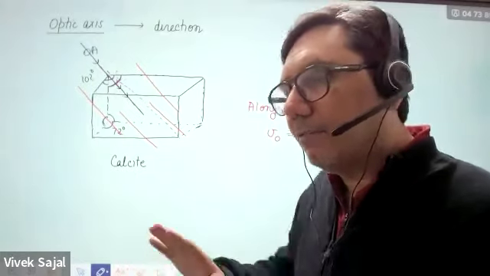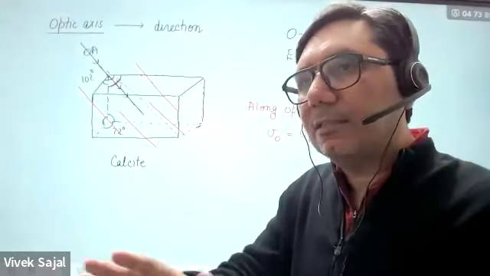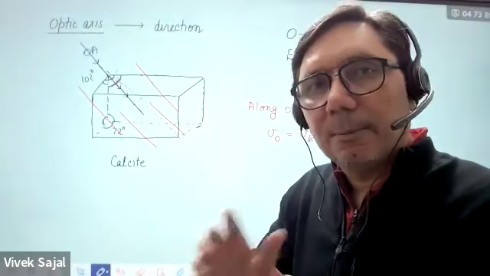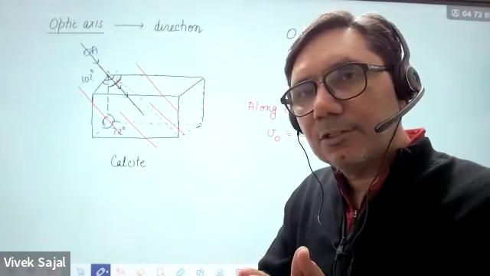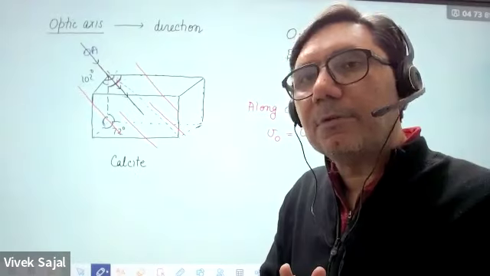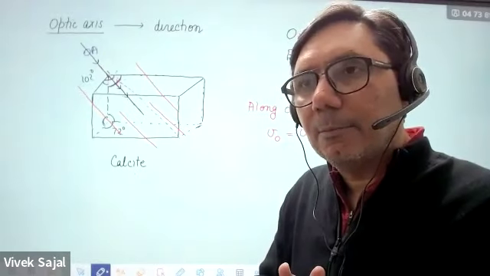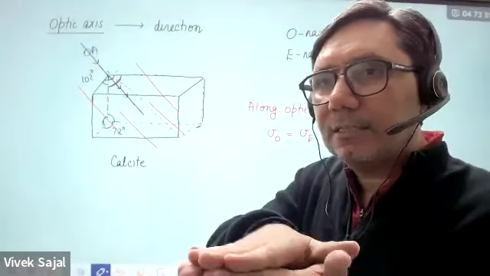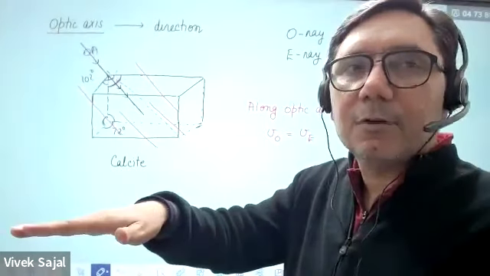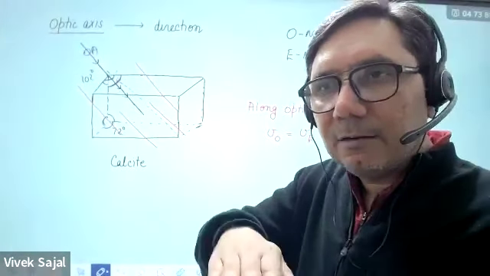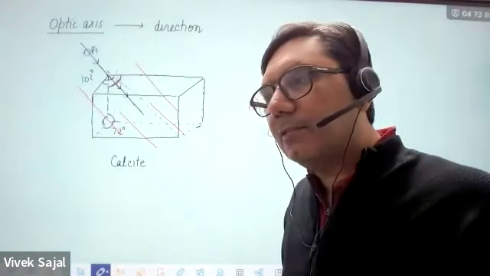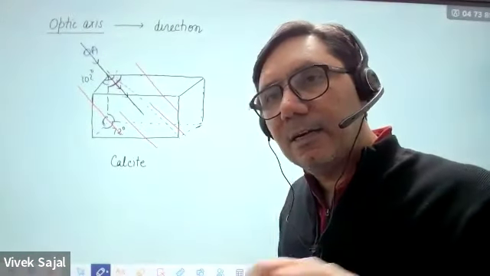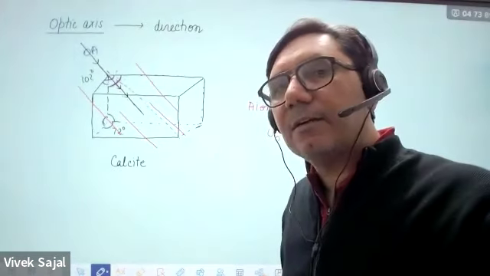So these are different choices for the plane of incidence. It's not necessary that it consists of the optic axis. But when the plane of incidence also consists of the optic axis, then it will be parallel to the principal section.